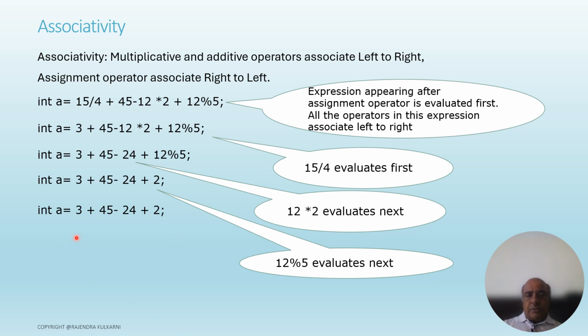Ultimately, a is equal to 3 plus 45 minus 24 plus 2 will be the expression which gets evaluated after the multiplicative group operators have been executed. So 3 plus 45 will first execute, that gives us 48.